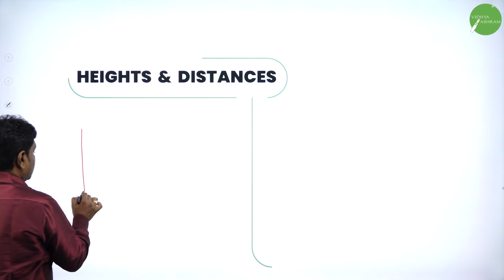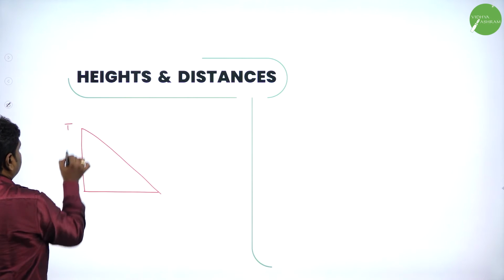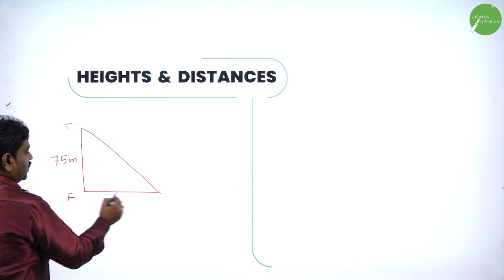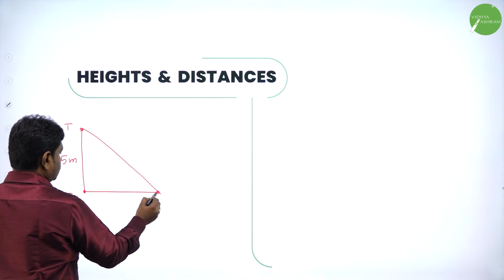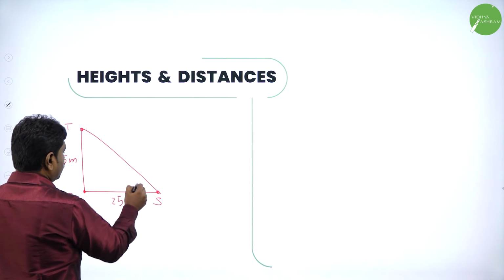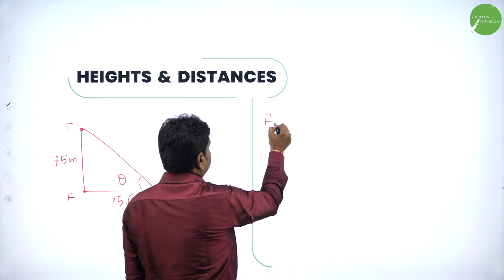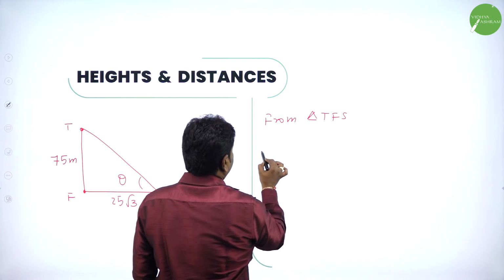So now, with the diagram we got, this is the tower TF, and the height of the tower they told is 75 meters. This is the top of the tower, and the shadow FS is 25 times root 3, and they wanted to find the angle of elevation. So from triangle TFS, apply tan theta.